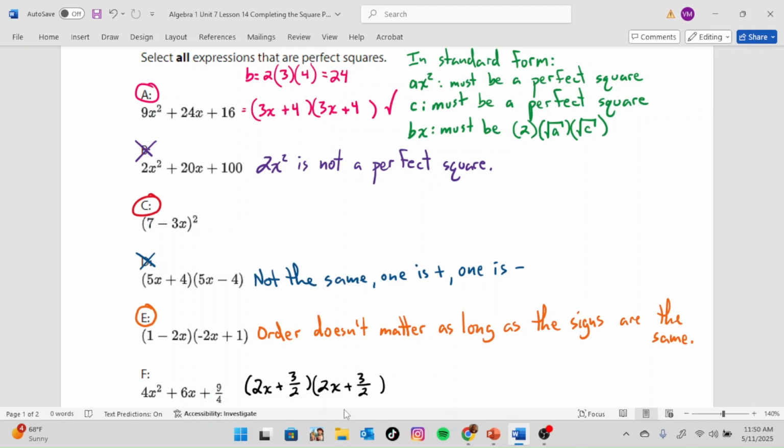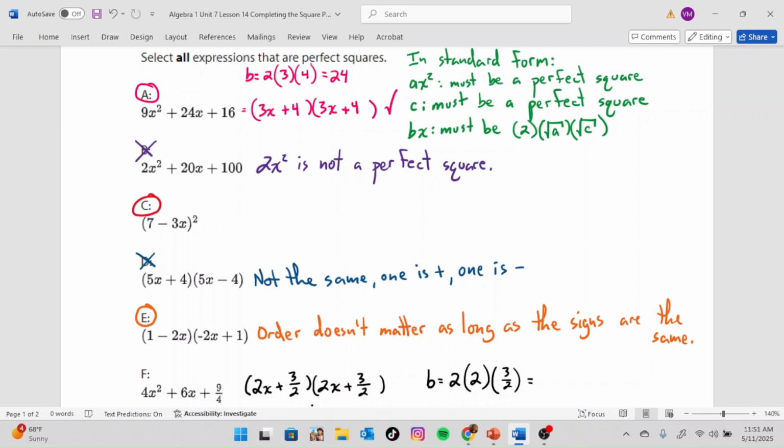But now we need to check the B term. The B term would need to be 2 times 2, because the square root of 4 we said was 2, times 3/2, because we said that is the square root of 9/4.